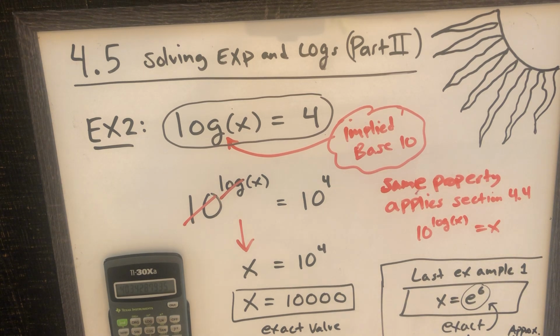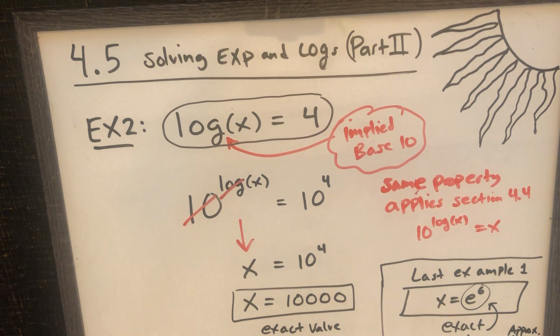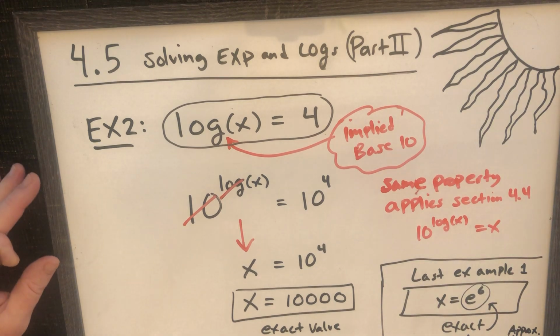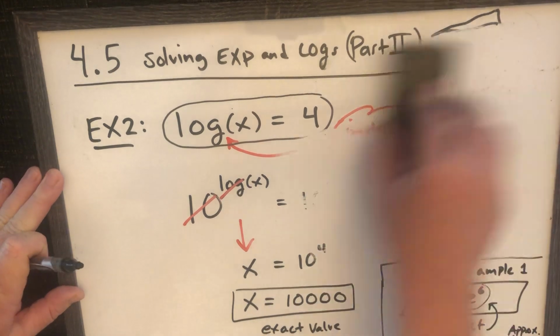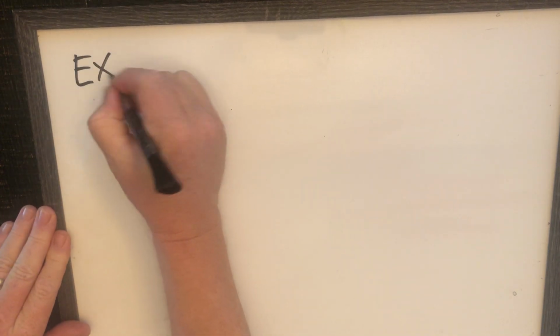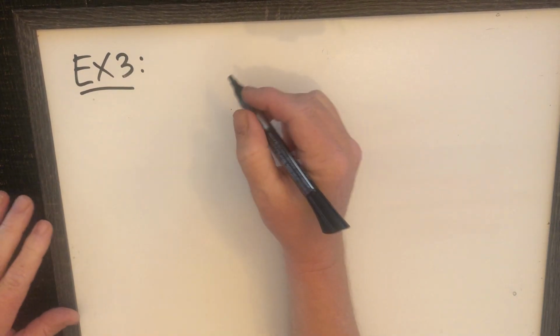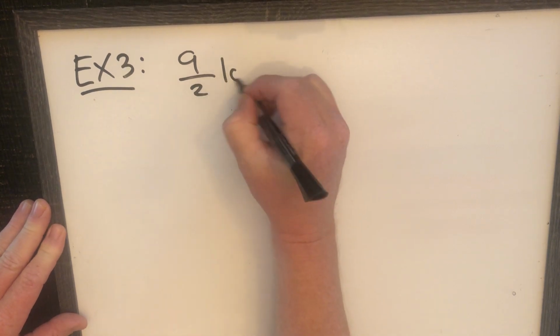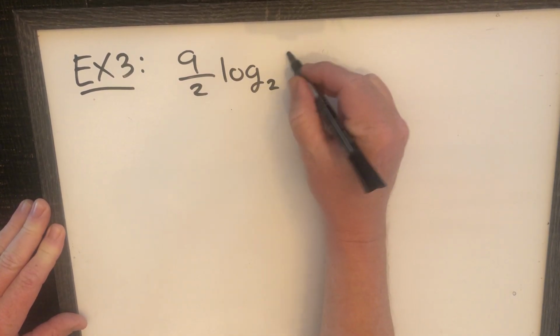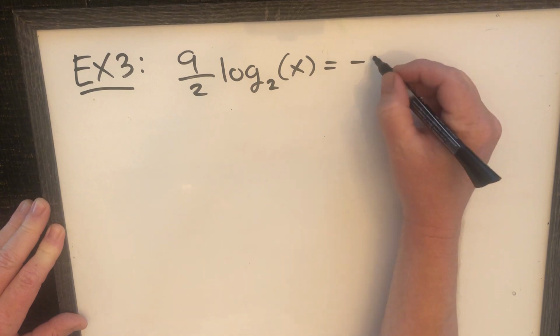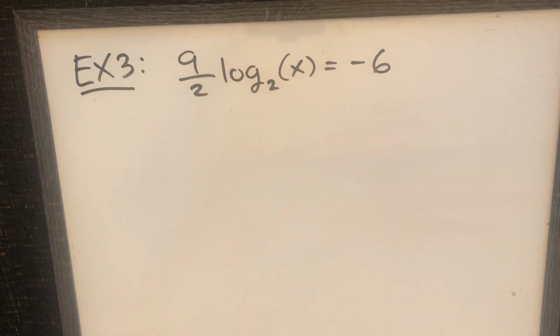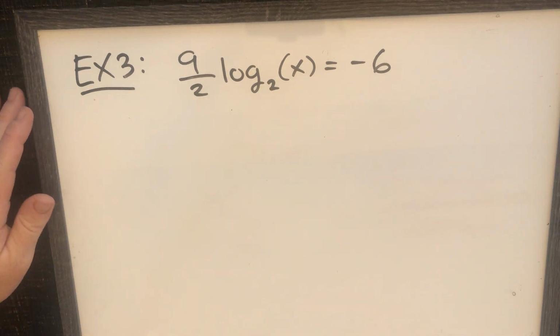Okay, moving right along. Example 3. So we have 9 halves log base 2 of x is equal to -6.